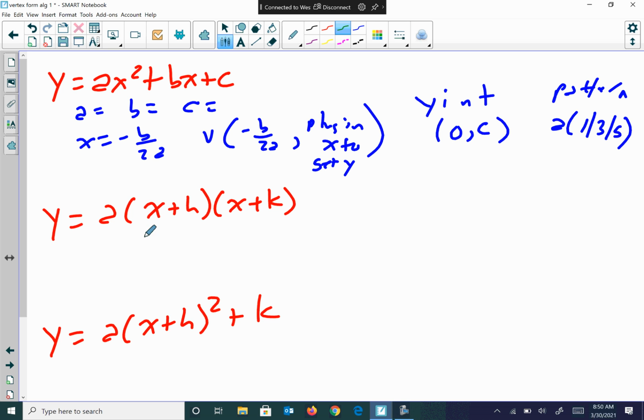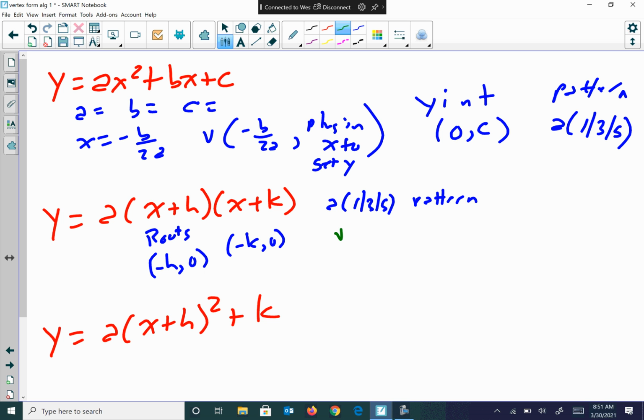This finds us the roots. So you get (negative h, 0) and (negative k, 0). We know that a times 1, 3, 5 is the pattern graph.